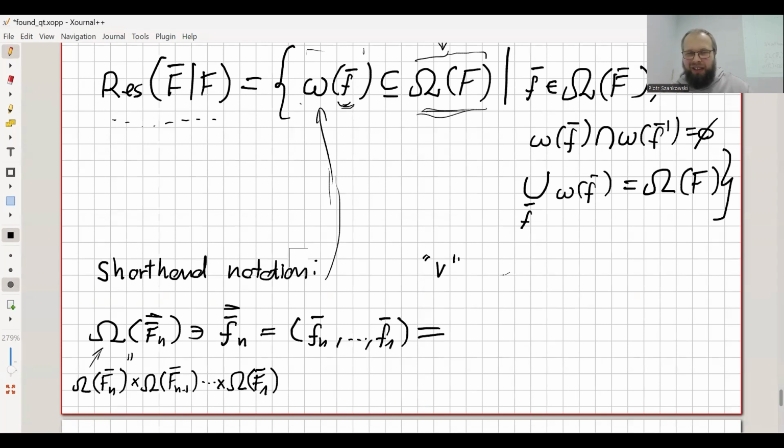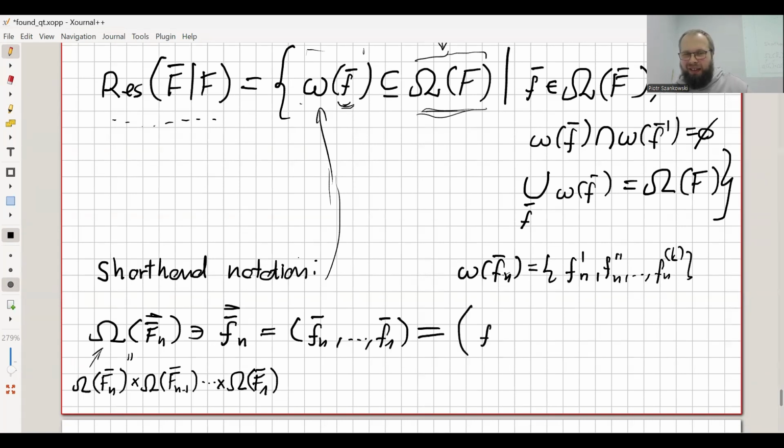So let's say omega Fn is some set composed of fine-grained results, FBs. I will write it like this: Fn prime V Fn Bs V and so on, V and K. So I'm basically encoding all the information about omega in line, and you can use it for every other one.